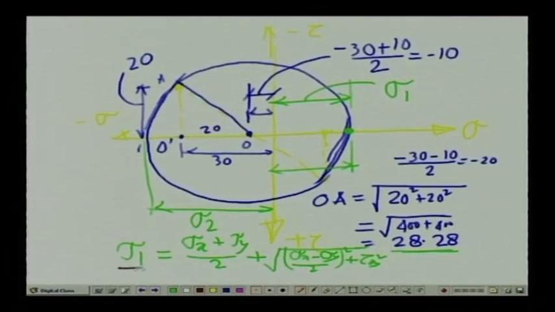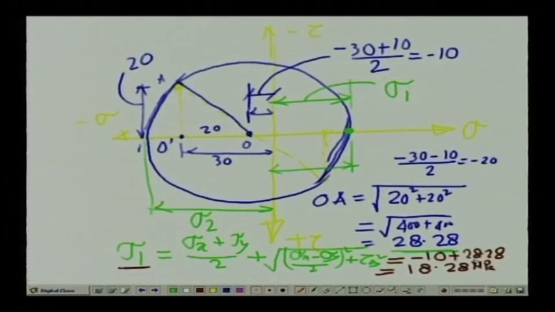So, the value of sigma 1 is equal to (sigma x plus sigma y) by 2, which is minus 10, plus 28.28. So, this is equal to minus 10 plus 28.28. So, the stress is equal to 18.28 MPa. This is the maximum principal stress.